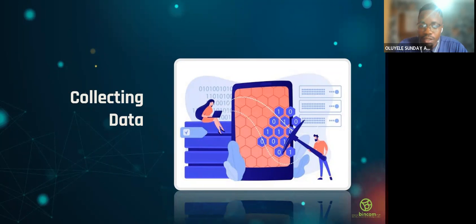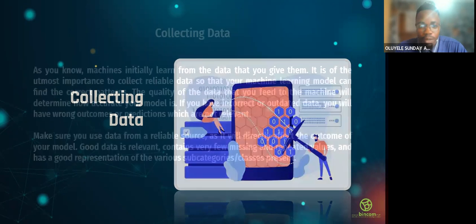Maybe, for instance, you are trying to predict prices of houses. Maybe due to some attributes, for houses with 4 bedrooms, for houses around Lekki, for houses with some attributes, we need to collect known data that is verifiable to be able to train this model for better prediction.